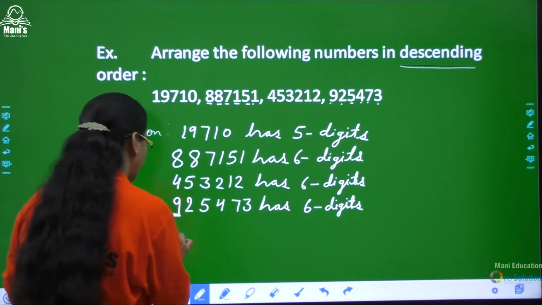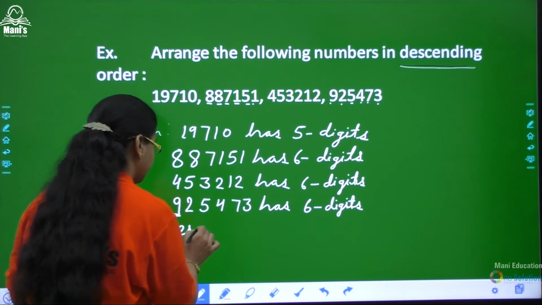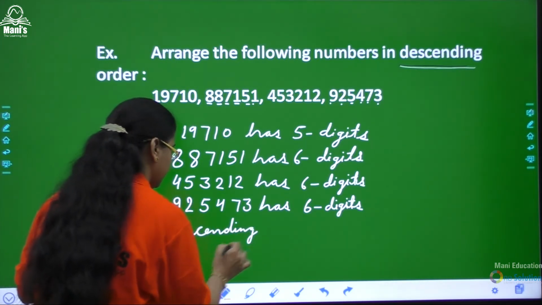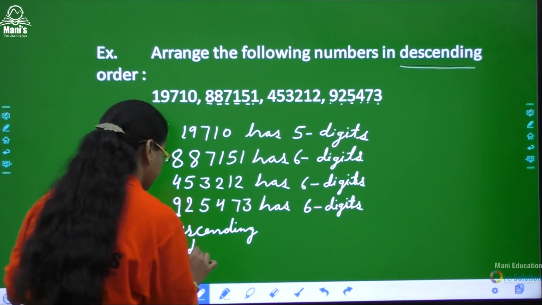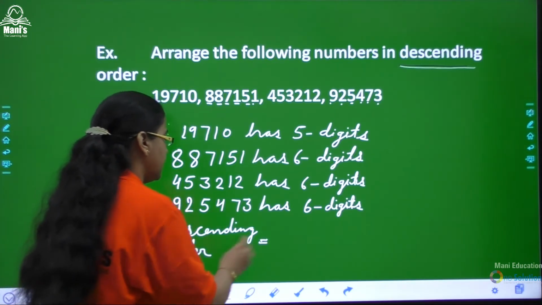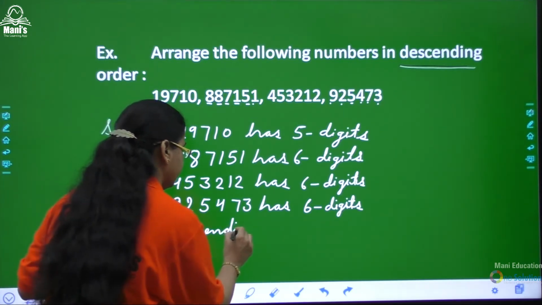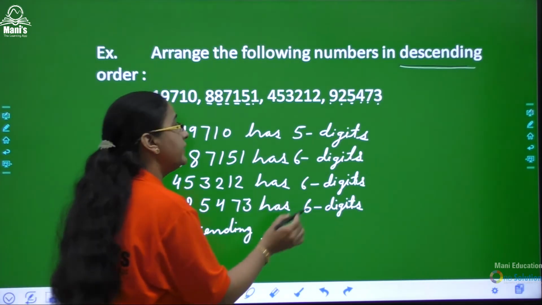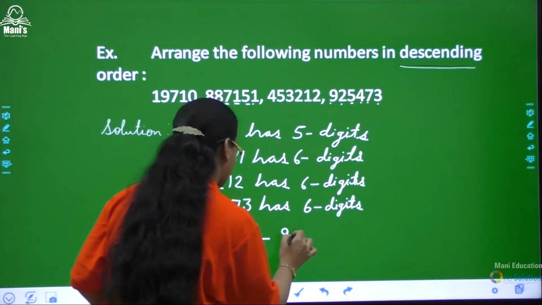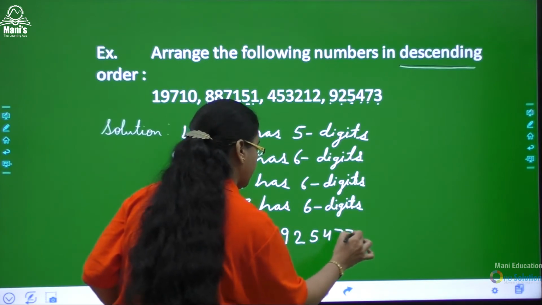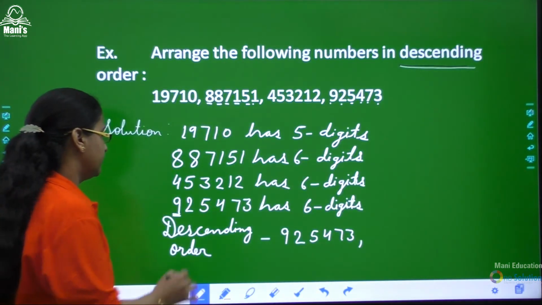So in the form of descending order, first of all I write the greatest number, that is 925473, comma.